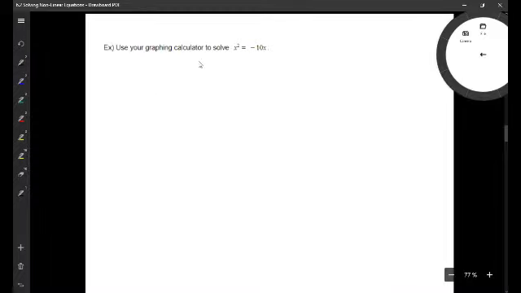Can we use our graphing calculator to solve x squared equals negative 10x? Well, first we want to solve this equation by getting all the terms to one side.